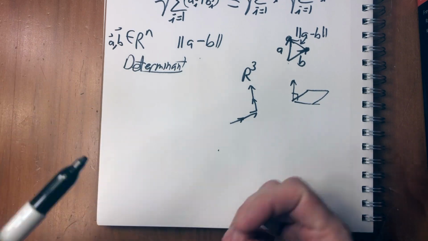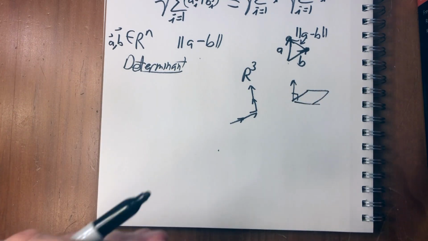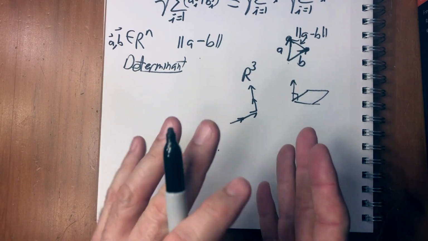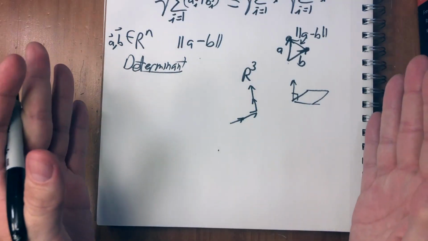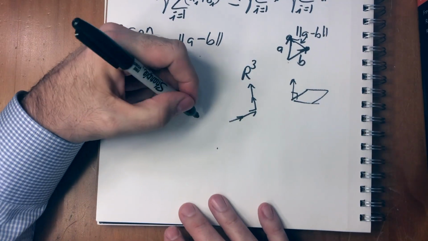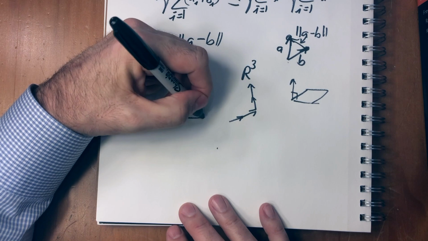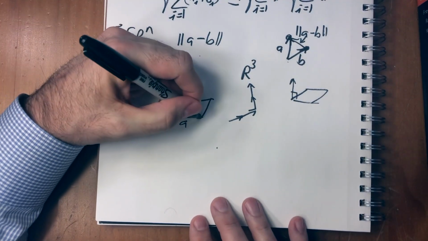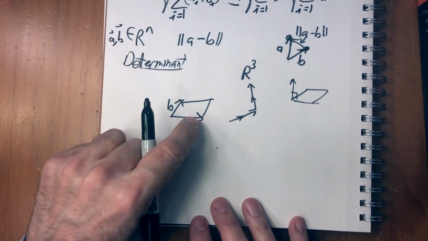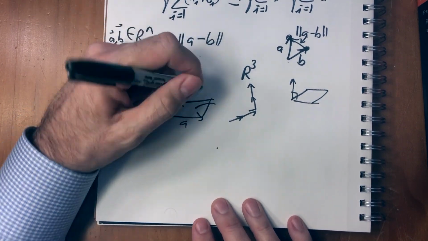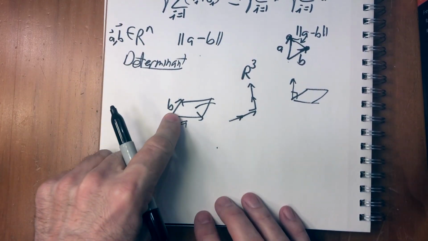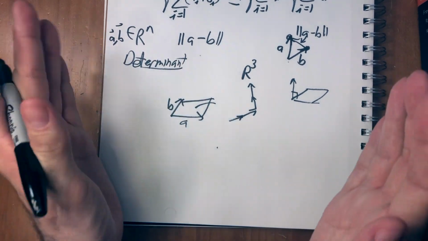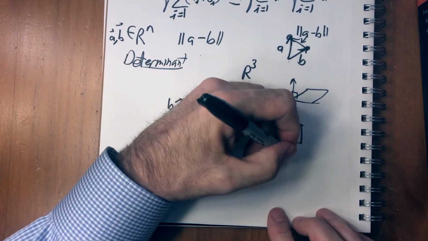The determinant, in some sense, is the opposite of that. It's taking each component and multiplying it by all the other components across the board. So in 2 dimensions, you end up with the area of sort of the sweep between them. So a is going this way and b is going this way, and the determinant is the area here. So the determinant is the opposite of the dot product. If they're perpendicular, then it's going to be a times b.